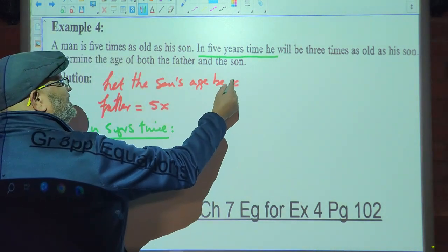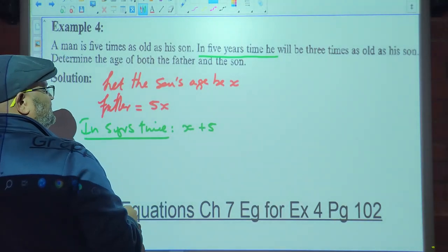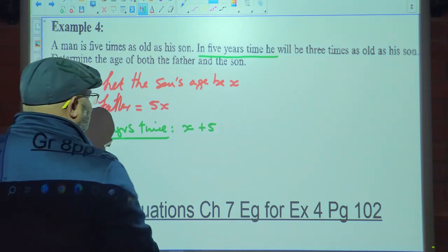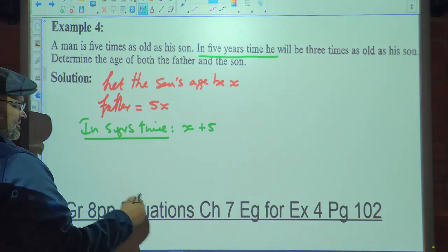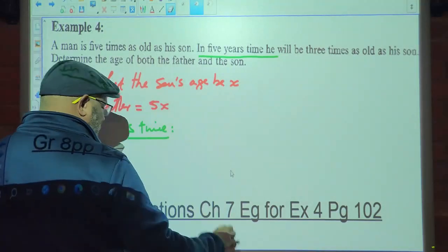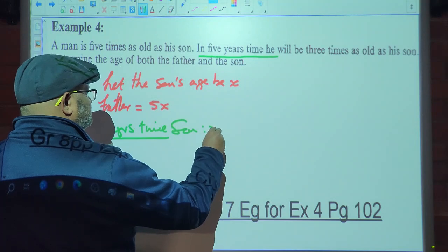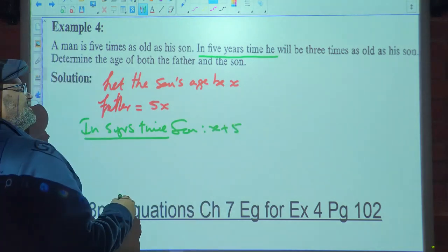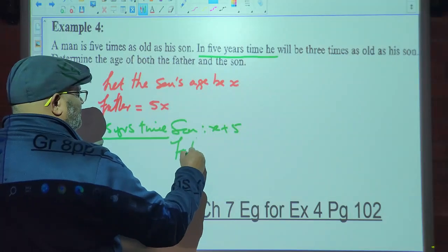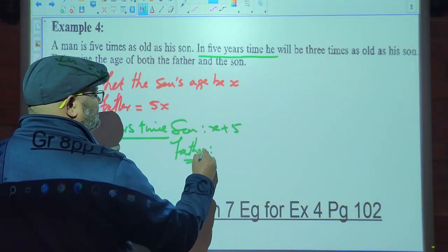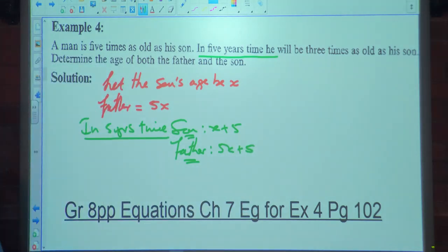So if the son is now x, in 5 years he is going to be x plus 5. If the father currently is 5x, then in 5 years' time the father will be 5 years older, which is 5x plus 5. Okay?